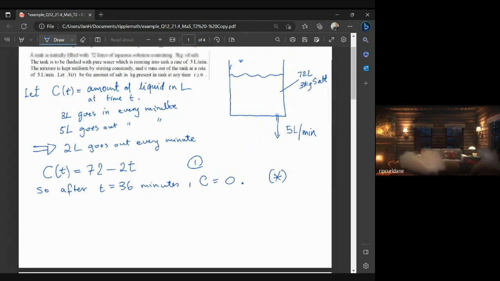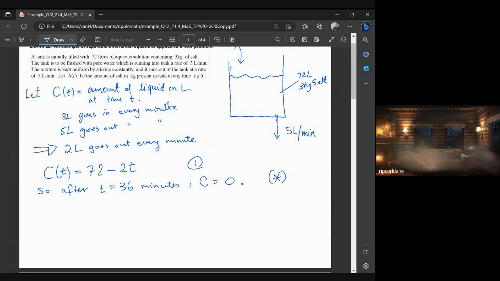The second thing, S. S is the amount of salt in kilograms present in the tank at any time.